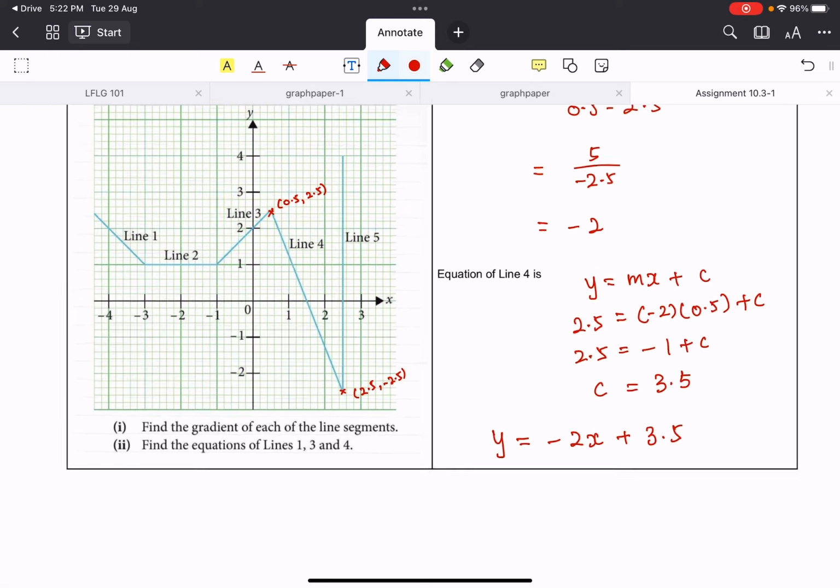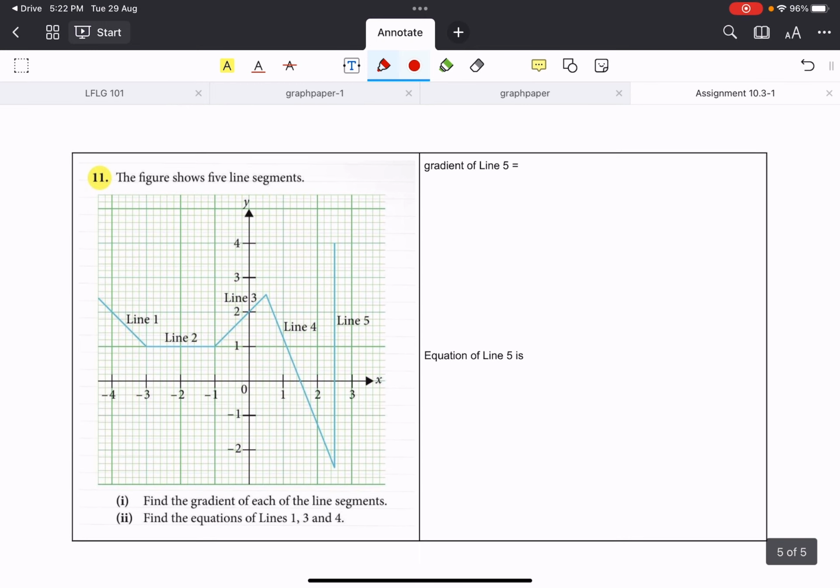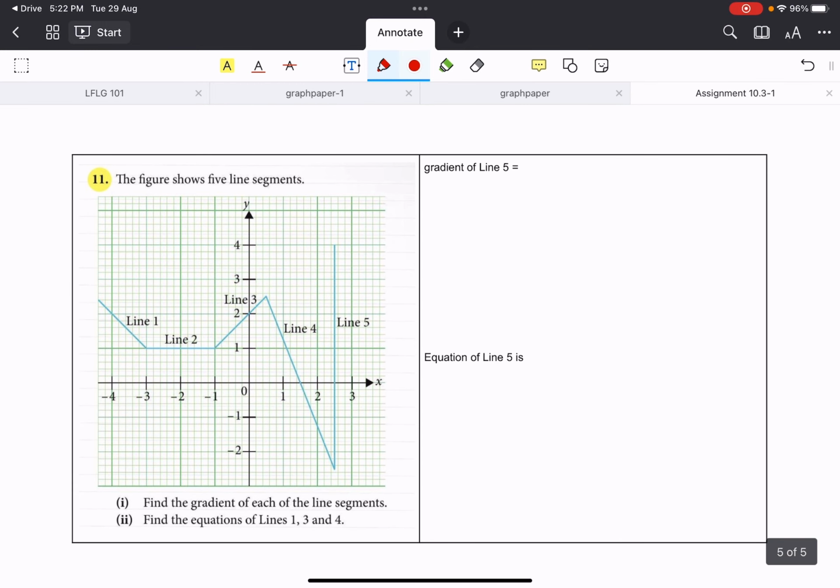Finally, line number 5. Line number 5 is a vertical line. A couple of students wrote down 0. It's quite easy to confuse horizontal and vertical lines. The gradient of a horizontal line is 0. The gradient of a vertical line is not 0. In fact, it's undefined, because the run is 0, and we cannot divide by 0 when calculating the gradient.